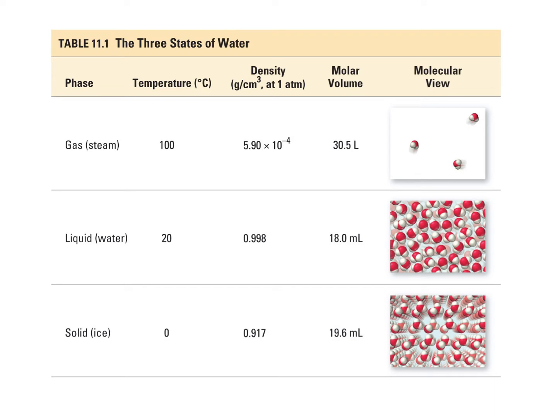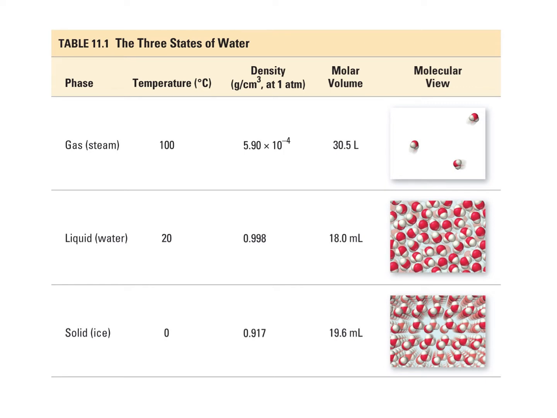I think it is also interesting to point out that water is a little bit unusual compared to most other compounds. For water, the liquid is actually more dense than the solid, and that's fairly unusual, but this is why your ice cubes float. This is why icebergs float.